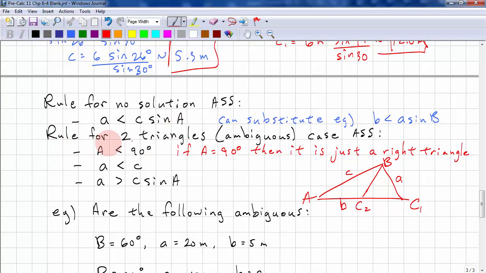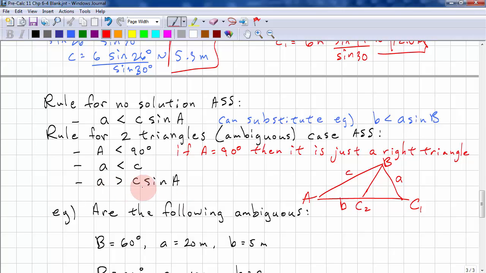So the rule for two triangles, if any of these rules fail, then you have one triangle. So if A is less than 90, then we might have it, but it has to have all these conditions. If A is less than C, so A is smaller than C. If we have C smaller than A, then it has to go that way. It can't come back this way and still be a triangle.